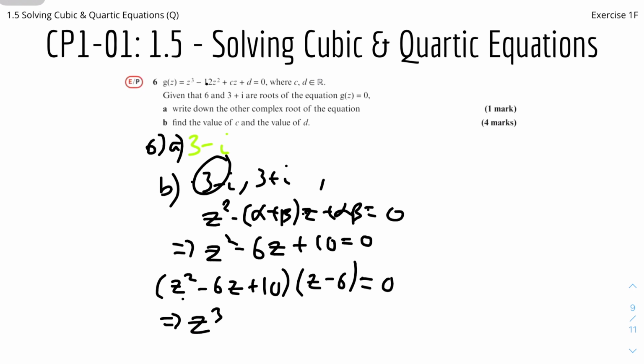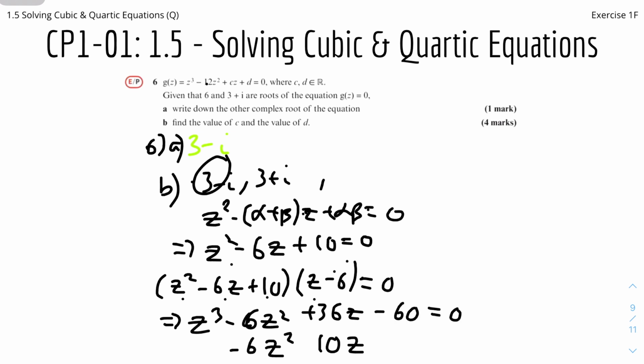The second term will be z squared times minus 6, so it will be minus 6z squared. The third term will be minus 6z times z, which is another minus 6z squared. Then minus 6z times minus 6, which is 36z. Then 10 times z, which is 10z. And 10 times minus 6, which is minus 60, equals 0.